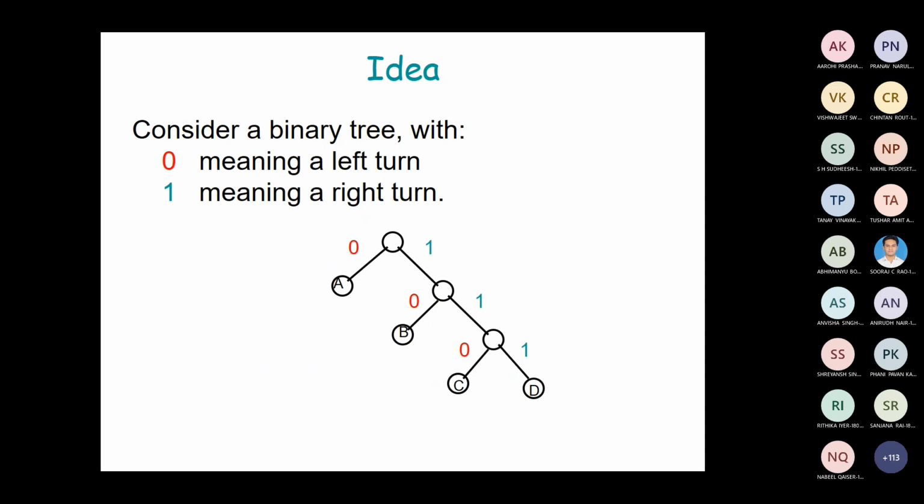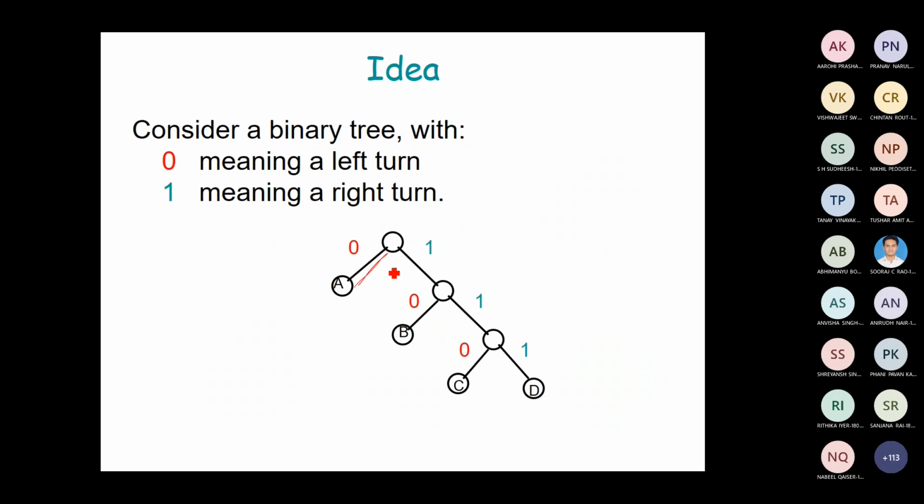Let us consider a binary tree. If you are going to construct the binary tree to produce the Huffman coding, we are going to make use of the following convention. We are going to label the edges with either 0 or 1.